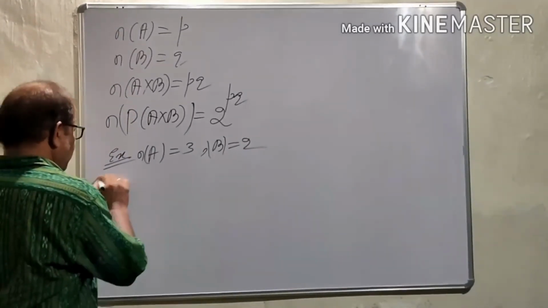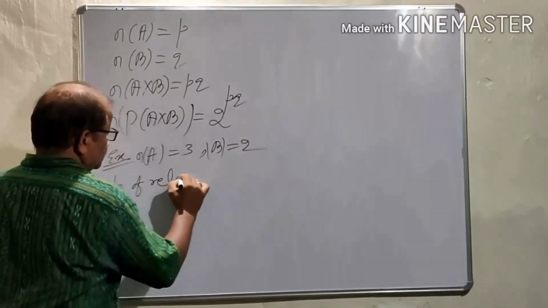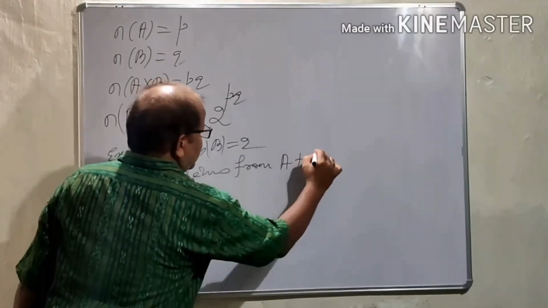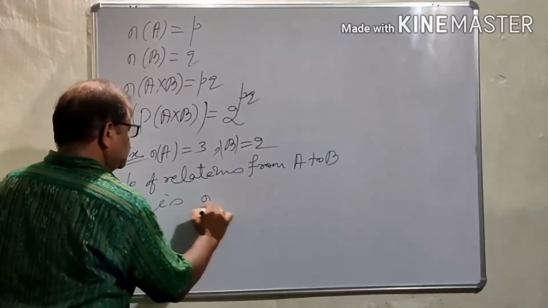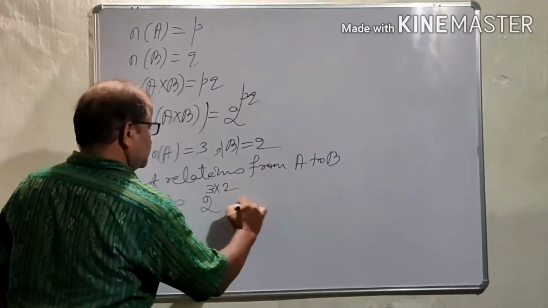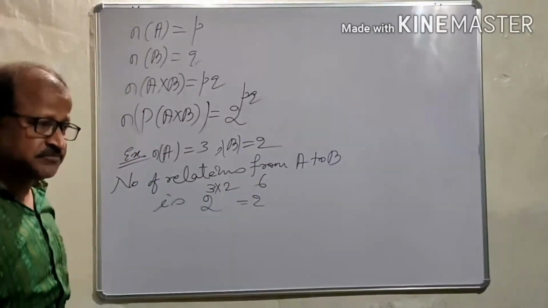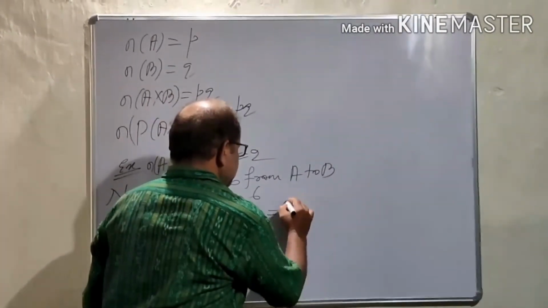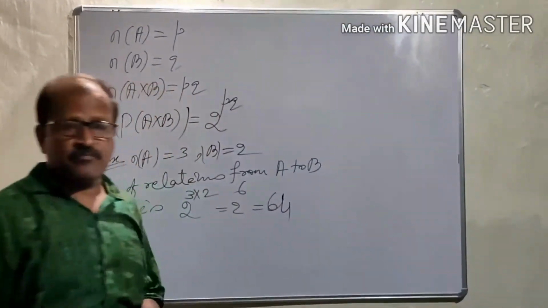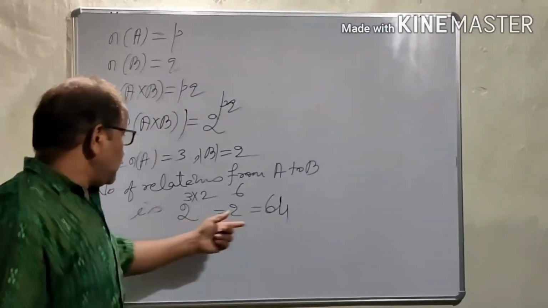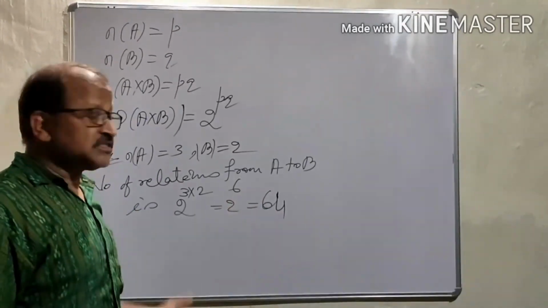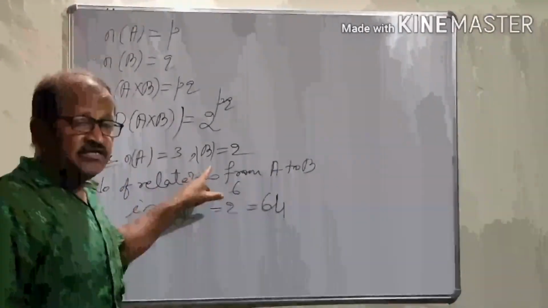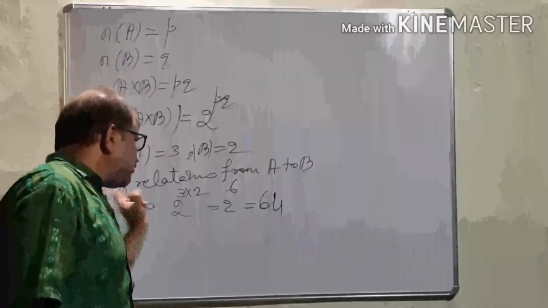Then the number of relations from A to B is 2 to the power 3 into 2, that is 2 to the power 6, which is 64. So a huge number of relations can be made from A to B.